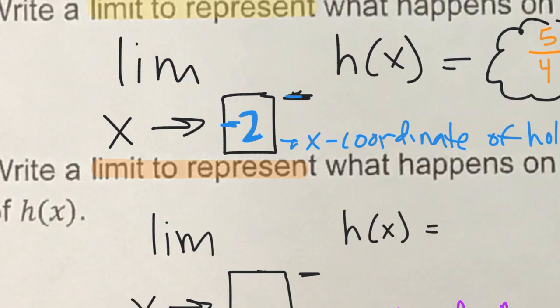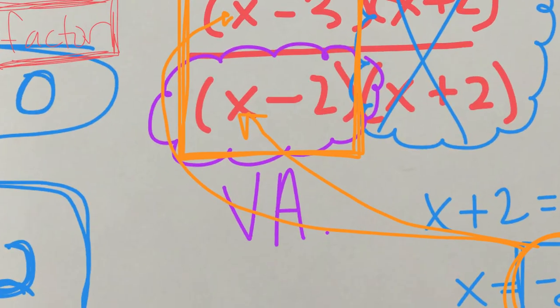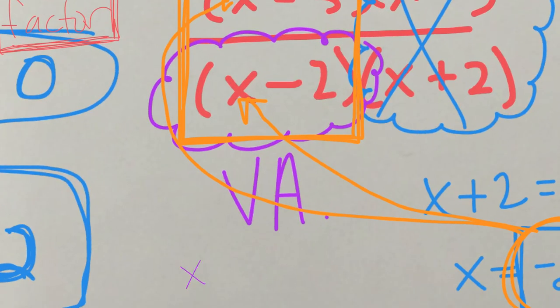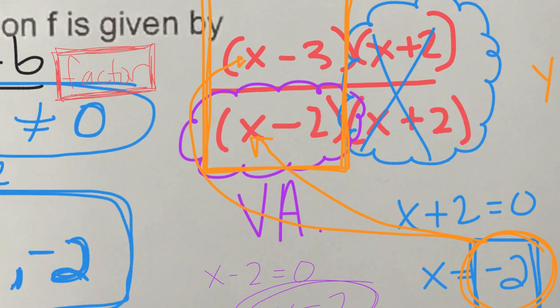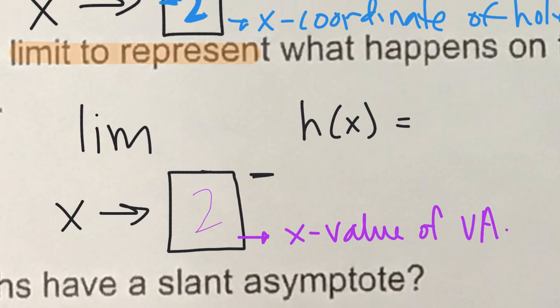So if you go back up to our equation, what did not cancel out? The x minus 2. So x minus 2 equals 0 means we have a vertical asymptote at x equals 2. So 2 goes in your box.